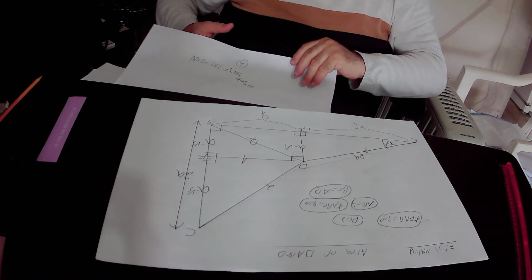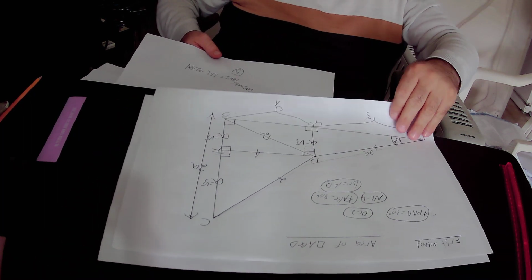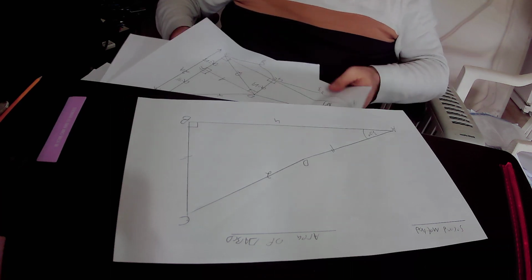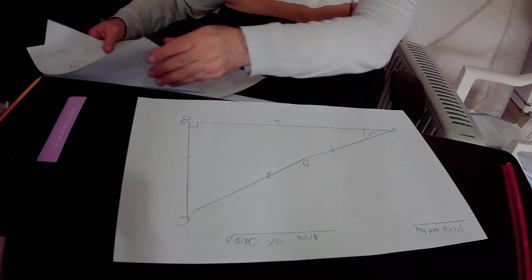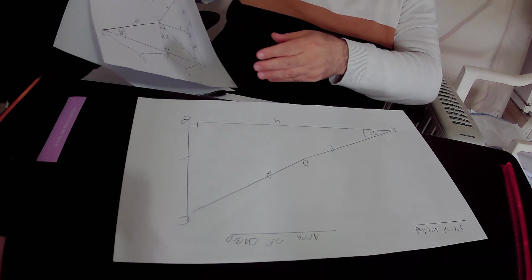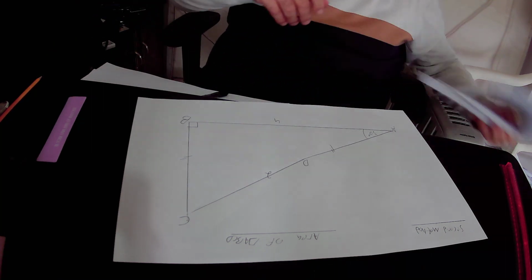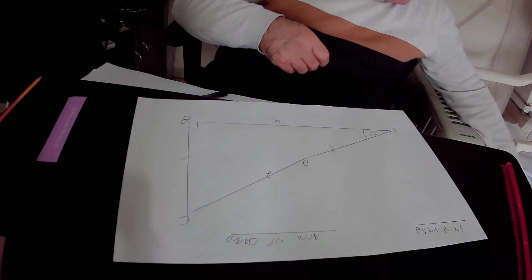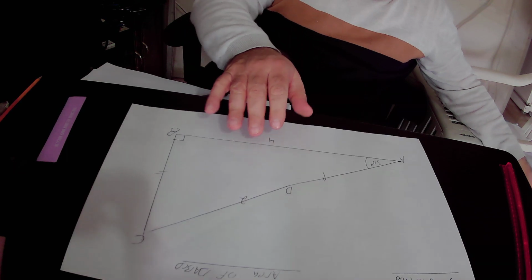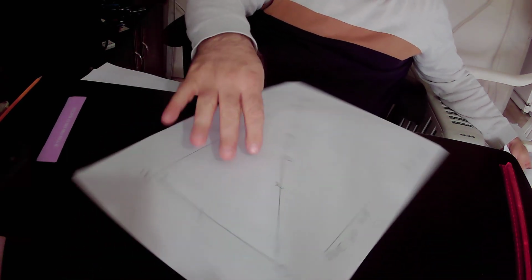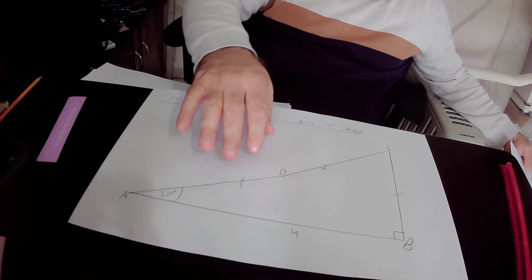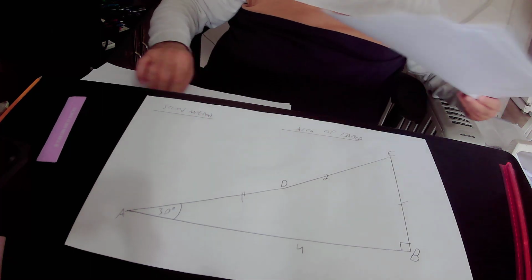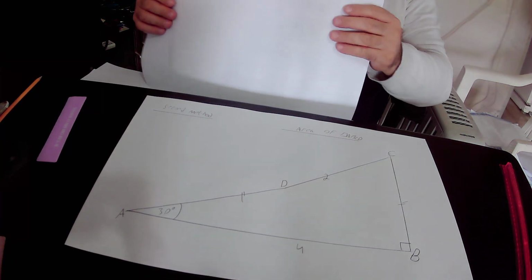We finished with the first method. In the next step, I will present to you how to find the area of this quadrilateral ABCD according to the second method.